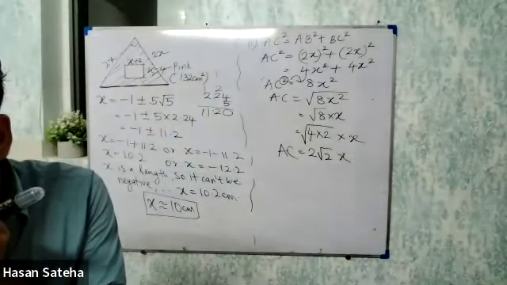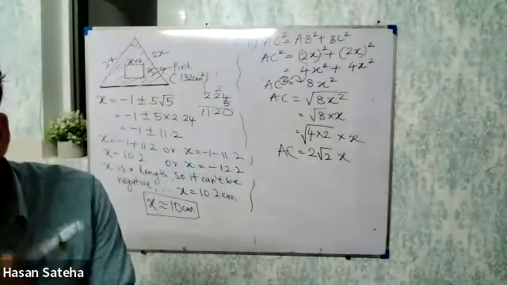And they have told you to find this length and show it is more than 28 centimeters. In the bracket, they have told you to take root 2 as 1.41. So then 2 into root 2 is 2 into 1.41. We found the value of x that is equal to 10 centimeters. 2 into 1.41 will multiply. 2 into 1 is 2, 2 into 4 is 8, place a decimal point.